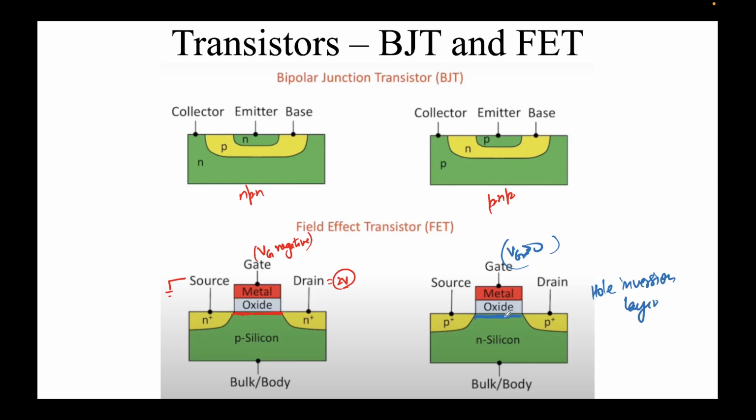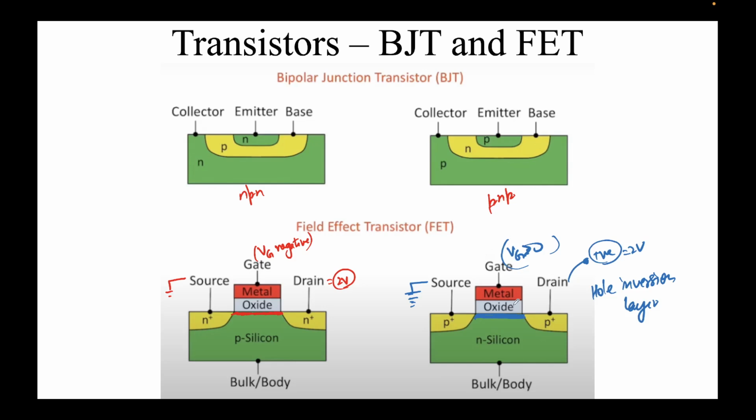And again, if you have source and drain as P-type, now you have a continuous layer of holes. Again, if you ground the source and you apply, let's say, some positive potential here, 2 volts, again the holes can flow. So the inversion layer is being formed by the effect of the electric field applied by the gate, right?